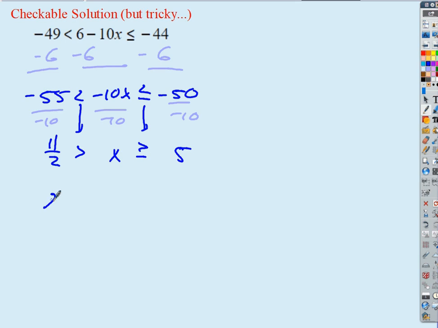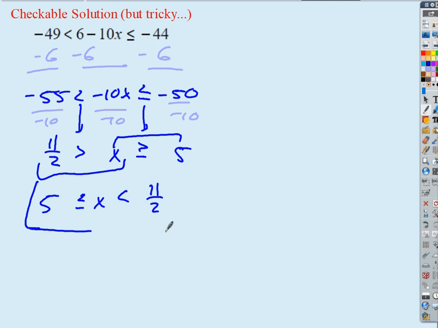So I get my 5 down there, my x in the middle, and my 11 halves. And what's my relationship? Well, x is greater than or equal to 5, and x is less than 11 halves. So there's my solution. Now let's check that in the original inequalities.